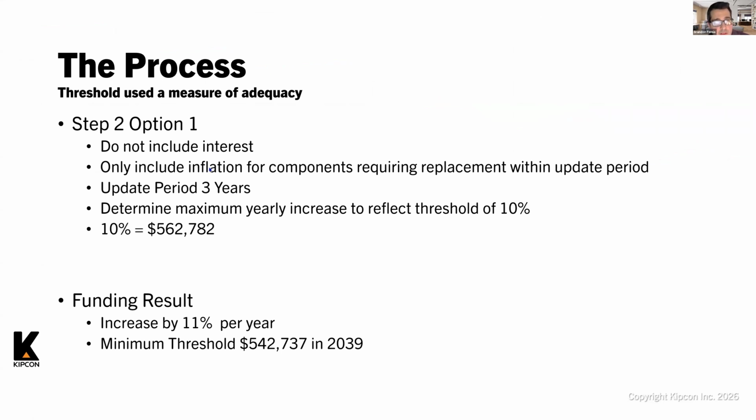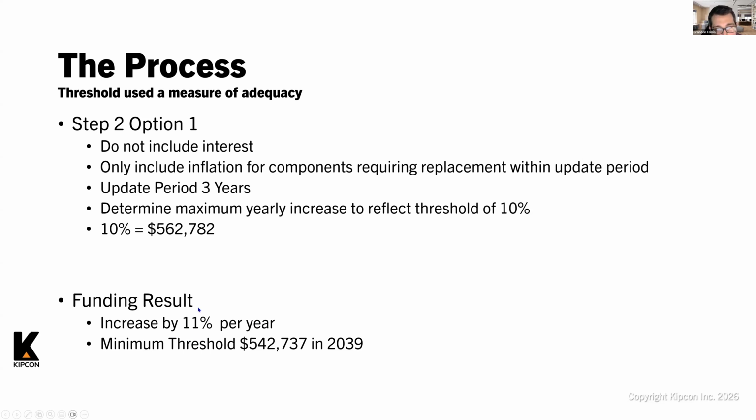Number two. This is the second option. Again, we're taking interest out, inflation only for a few years, and then we're going to determine the maximum yearly increase at 10%. So 10% of the overall dollars, which we talked about earlier, is $562,000. If we wanted to keep $562,000 as a minimum, what we would need is increasing by 11% per year.